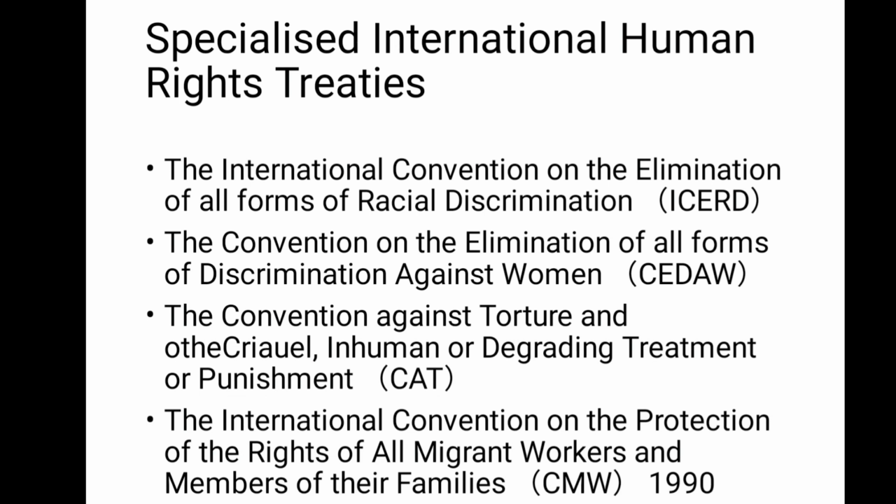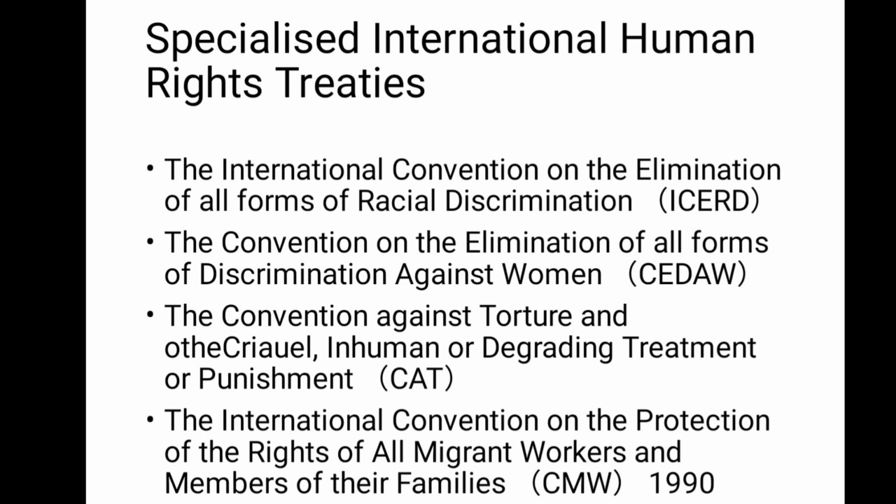Then the right to life of migrant workers and members of their families shall be protected by law. No migrant worker or member of his or her family shall be subjected to torture or cruelty, inhuman or degrading treatment or punishment. No migrant worker or member of his or her family shall be held in slavery or servitude. No migrant worker or member of his or her family shall be required to perform forced or compulsory labor.